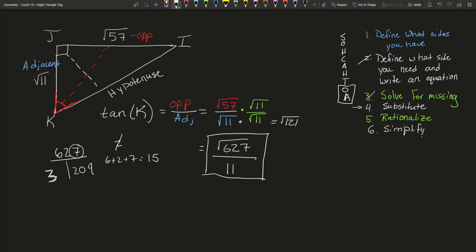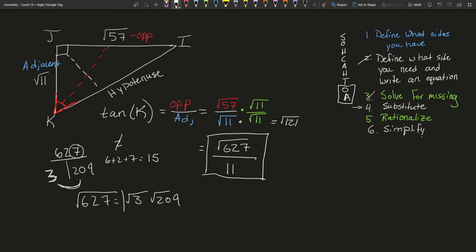Okay, 627, we can factor that as root 3 times root 209. But neither of these simplify under square root. Okay, so we could simplify that 209, but it doesn't go anywhere. Right, it's square root of 627 over 11, but we can't simplify 627.